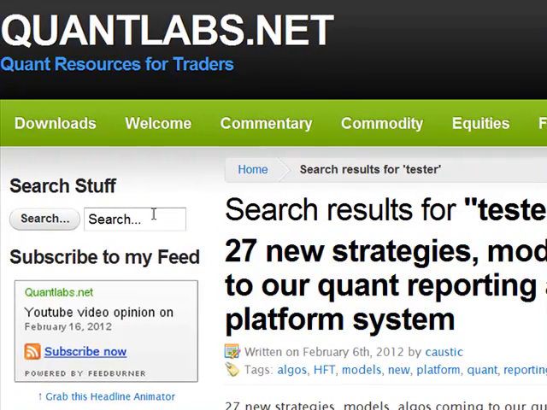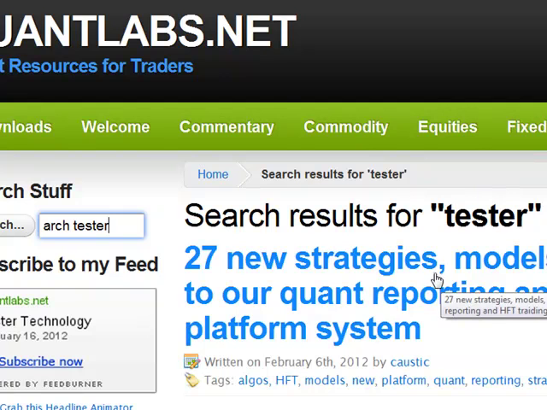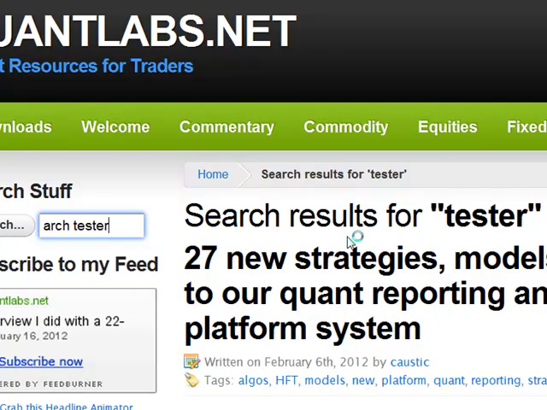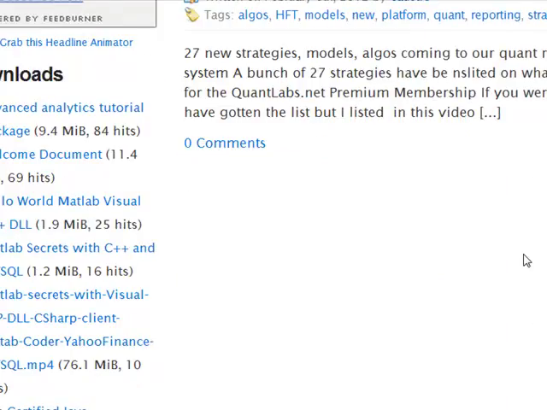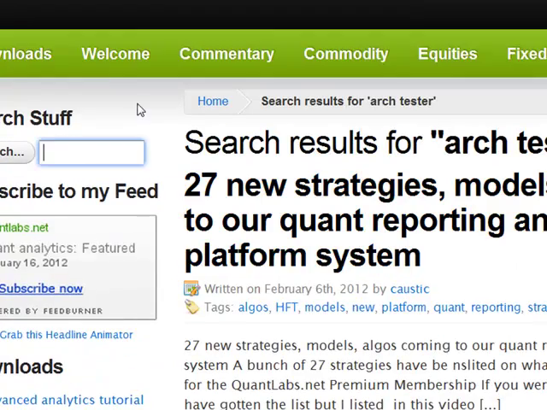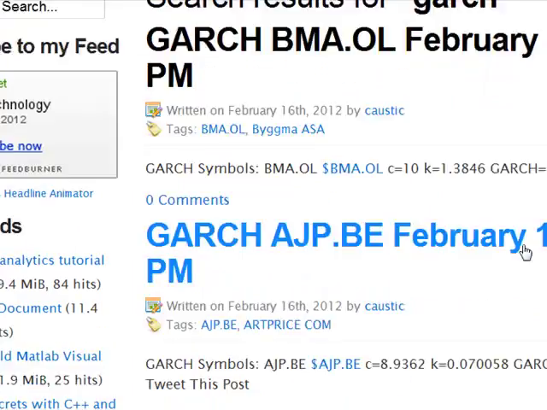I have to search for it. This is all fairly new and under development, but it should be finalized in the next few days to weeks once everything's ironed out. So I'm going to show you the Garch instead. The Garch and Arch are fairly similar; one just extends off the other.